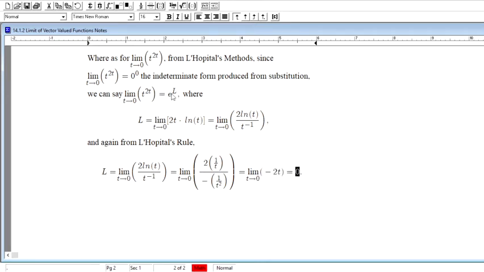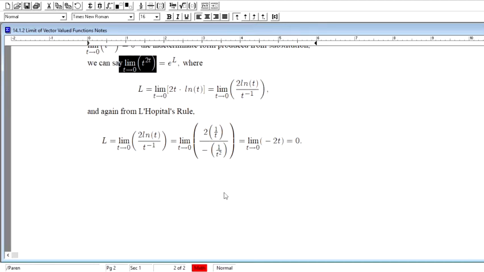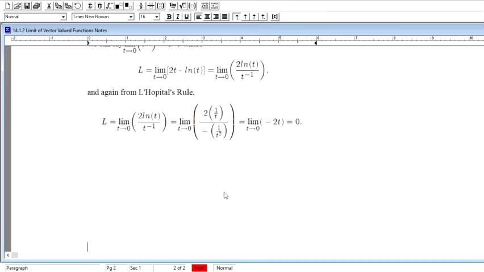So the L that we're interested in is going to be 0. And thus, the limit of interest is just going to be e to the 0 power, which is nothing more than the value of 1. And thus, in the end, the limit as t approaches 0 for r bar of t is nothing more than the value negative 1, comma 1.